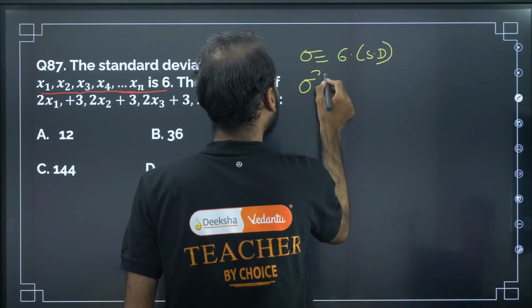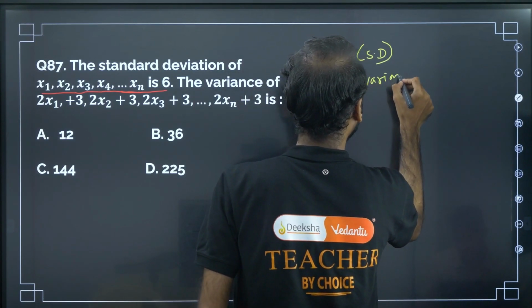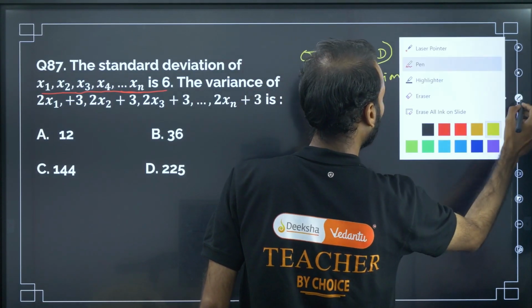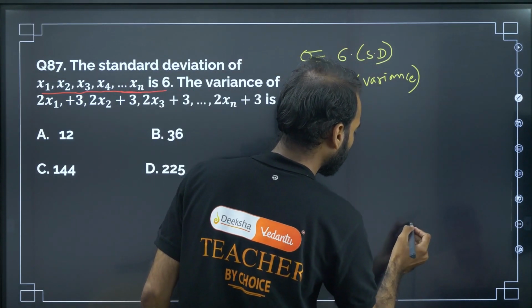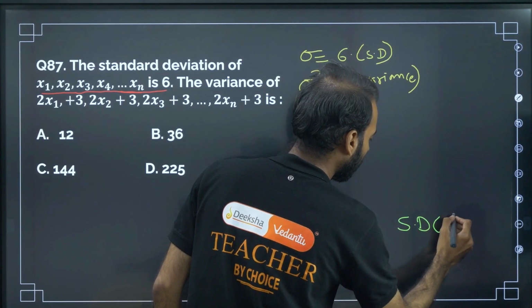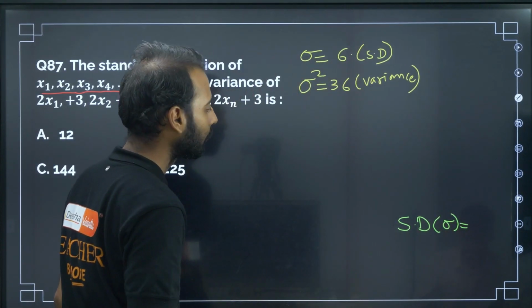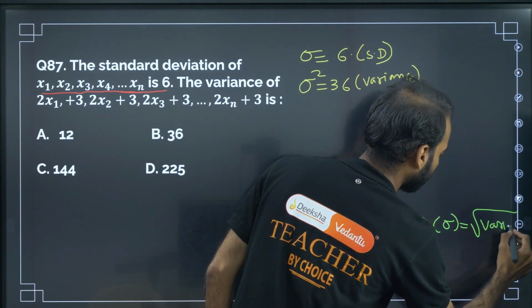So variance is 36. Variance is 36 because if you try to recall synopsis, what synopsis says: standard deviation is denoted by sigma, that is equal to under root of variance.